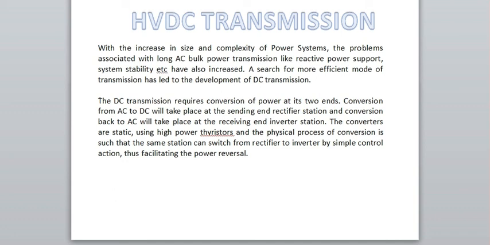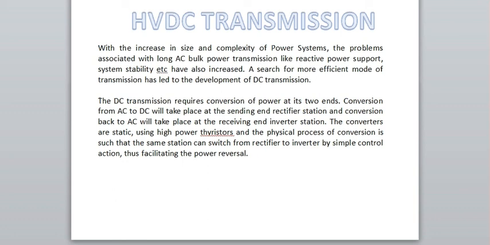These are many things we need to consider in AC transmission. But in DC transmission, losses are less, reactive power is not there, and control is also easy. That's why we go for DC transmission.